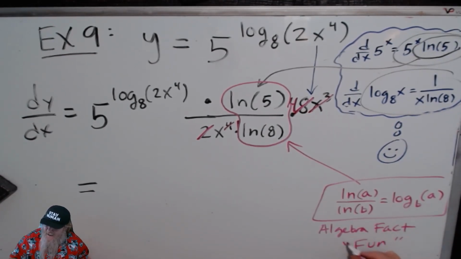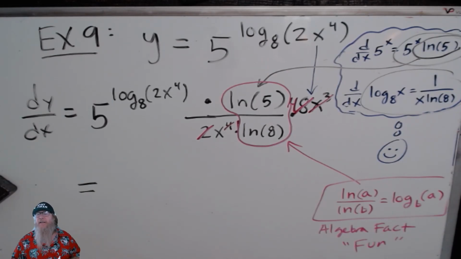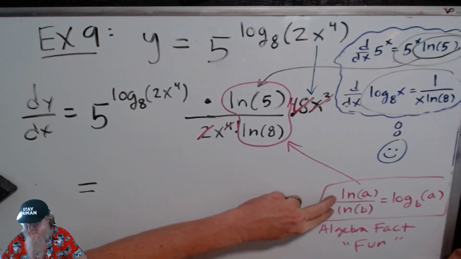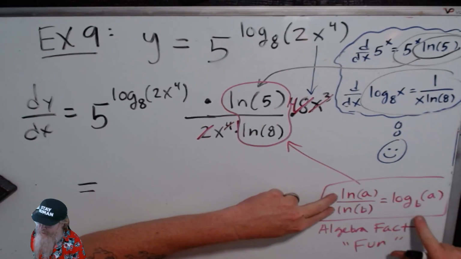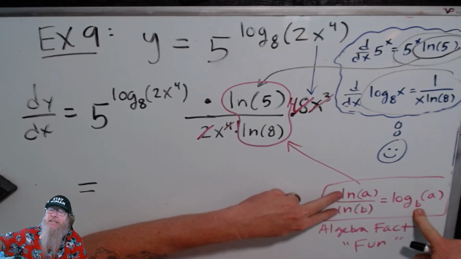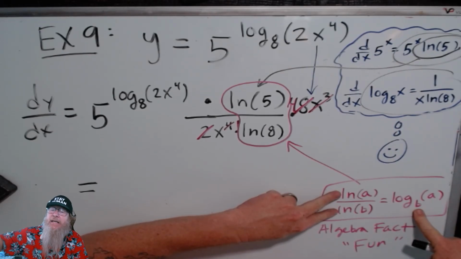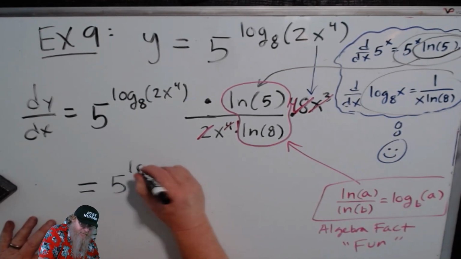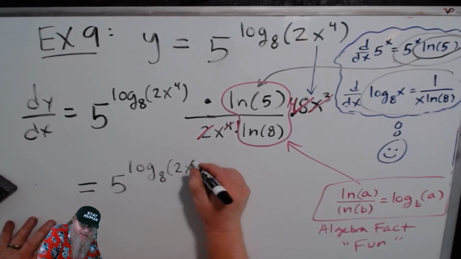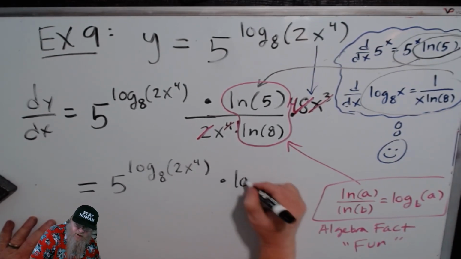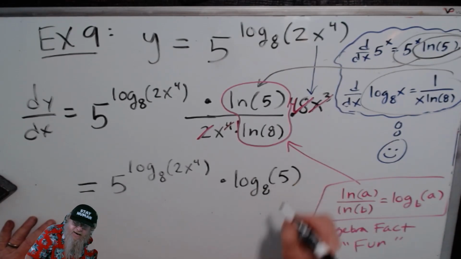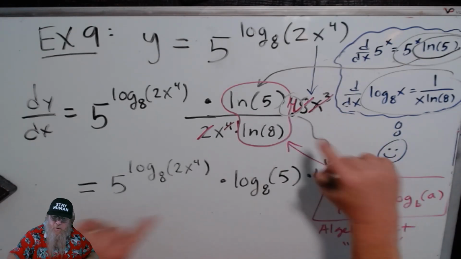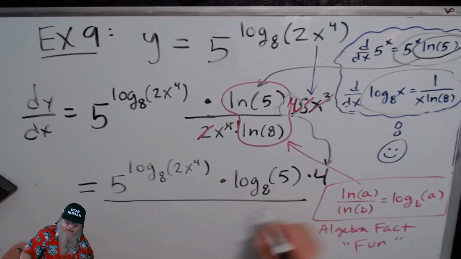It's the property of logarithms, also known as the change of base formula. So I'm changing from a base of natural log into a base of B. So my B is 8. So this is 5 to the log base 8 of 2x to the 4th times log base 8 of 5 times 4. Don't forget that 4 squeezed in there, all over x.